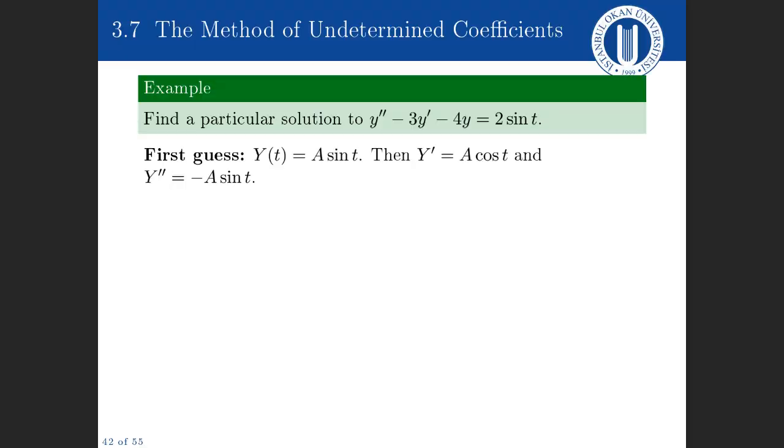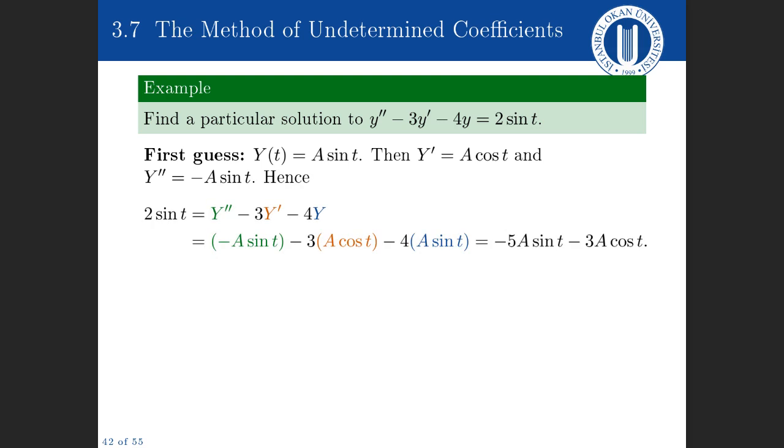So what do we do? We differentiate it 2 times, and then we substitute it into the differential equation. We end up with 2 sine t needs to be equal to minus 5a sine t minus 3a cos t. And we need that to be true for all t.